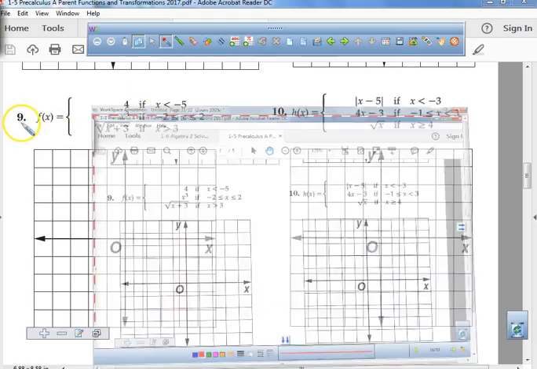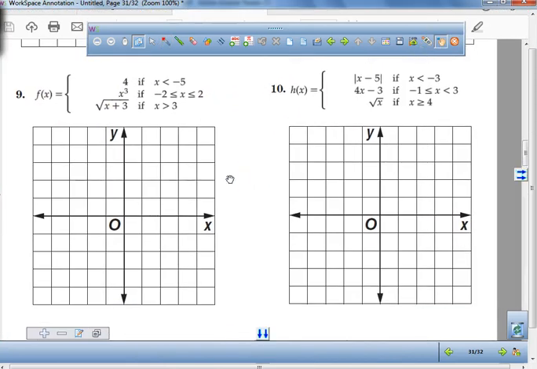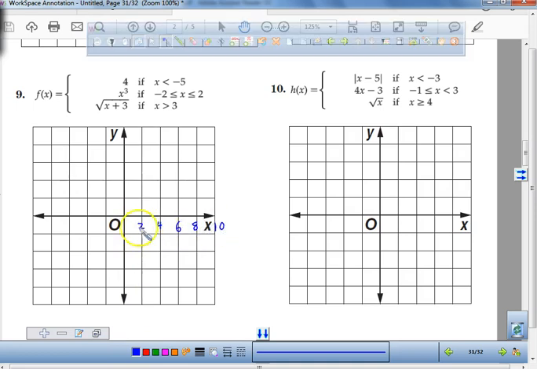Okay? All right, on problem number 9 and 10, what I need you guys to do is I need you guys to scale everything by 2s. So when you're doing these problems, our x minimum is going to equal -10. Our x maximum is going to equal +10.